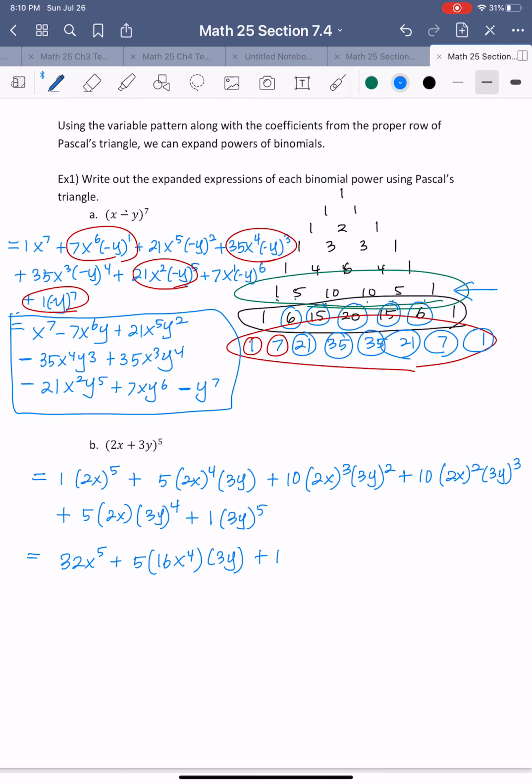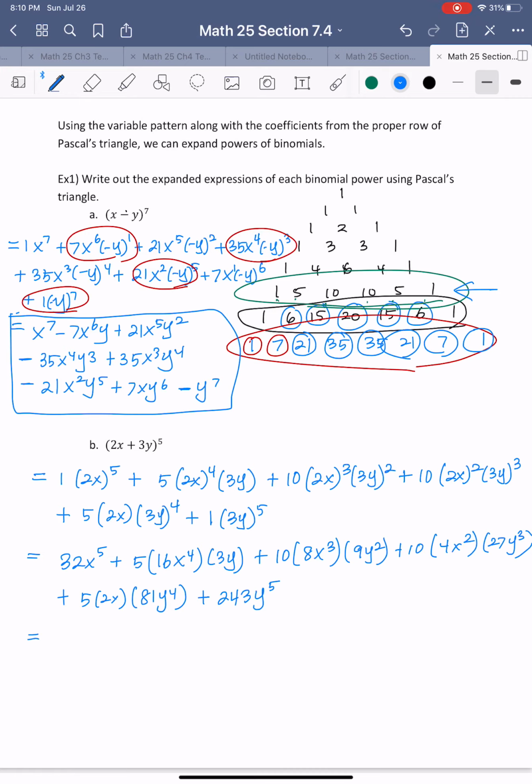And then the third term, 10 times 2 cubed is 8x cubed, and 3y squared is 9y squared. And 10 times 2 squared is 4x squared times 27y cubed. And plus 5 times 2x times 3 to the 4 is 81y to the 4. And plus 1 times 3 to the fifth is 243y to the fifth.